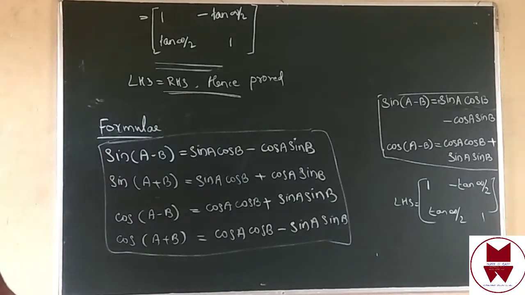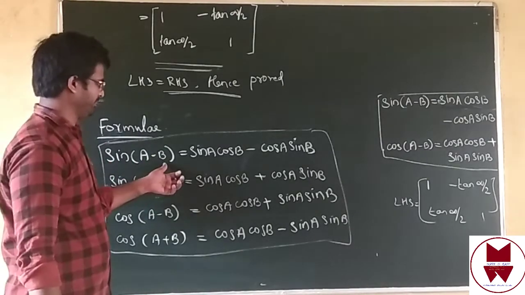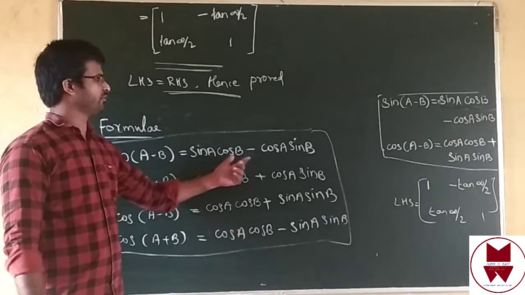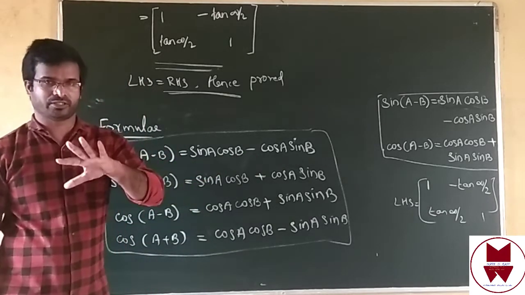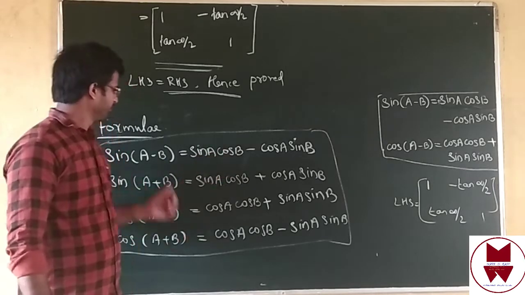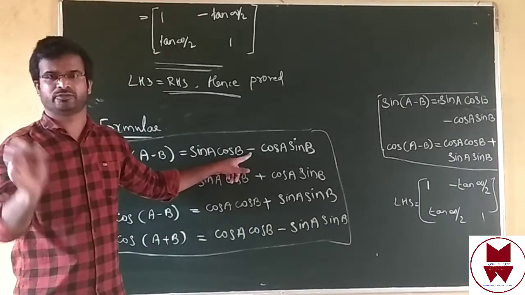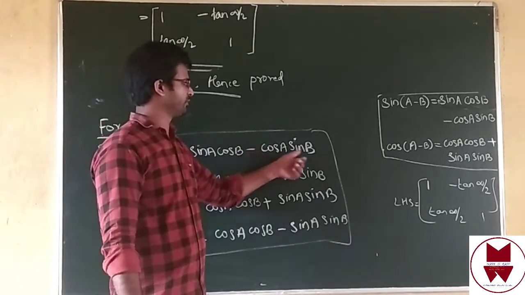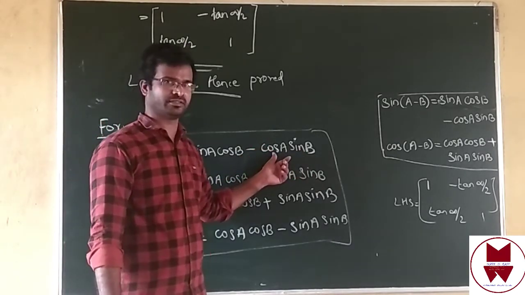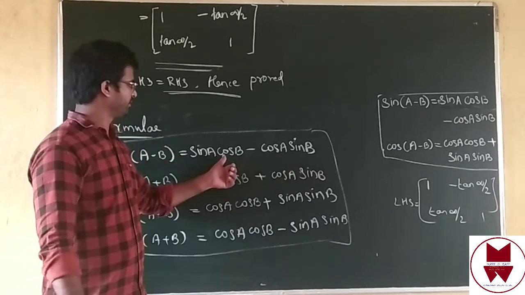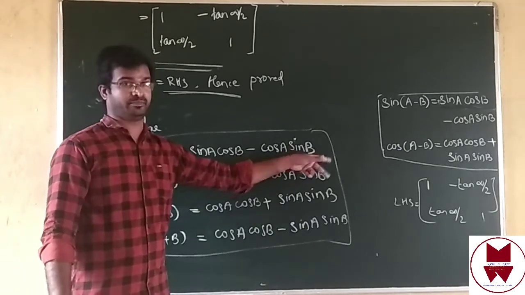These are the 4 formulas. Check it first. Sin A minus B. In the case of sin, one sin will come, one cos. Always both will come on one side. Sin A cos B. The sin minus is minus, isn't it? In between also minus will come. That will not change. Then here also cos A sin B is there. Here first sin A means second cos A. Here cos B means here also sin B repeats.